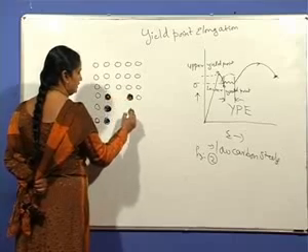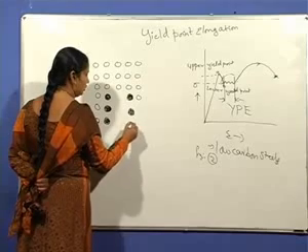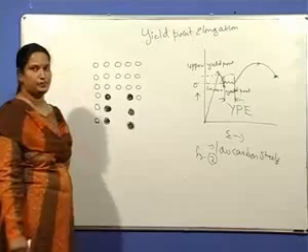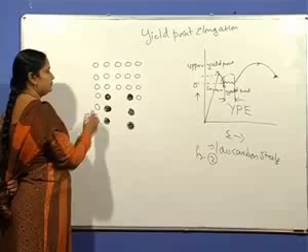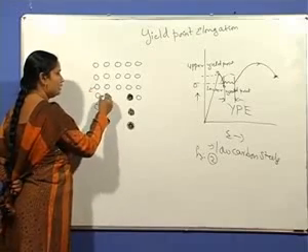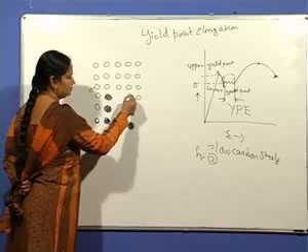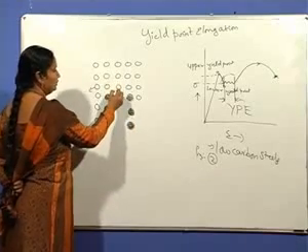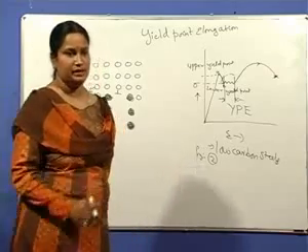So this is the diagram for the case of substitutional solid solution, where the solute atom is slightly greater than the solvent. This is the solvent atom, and this is the solute atom, slightly greater than this. So it occupies the positions below the edge dislocation where the lattice is expanded.